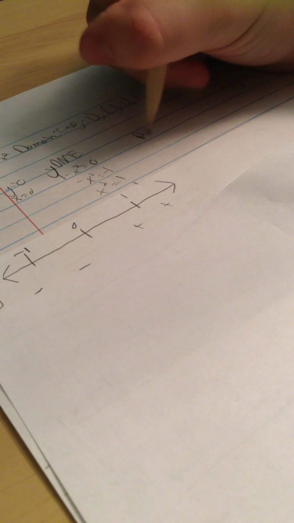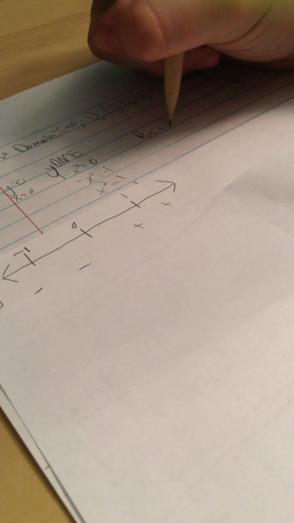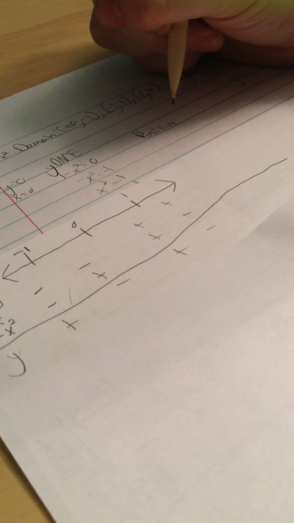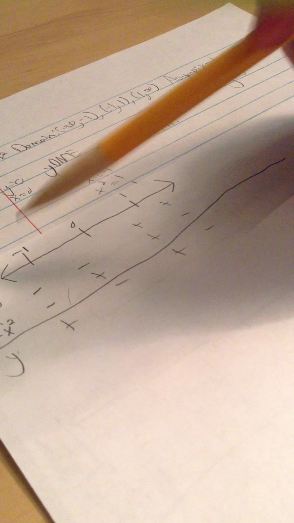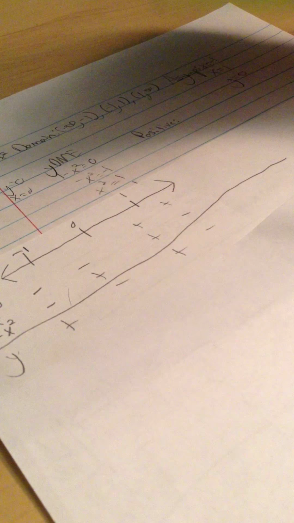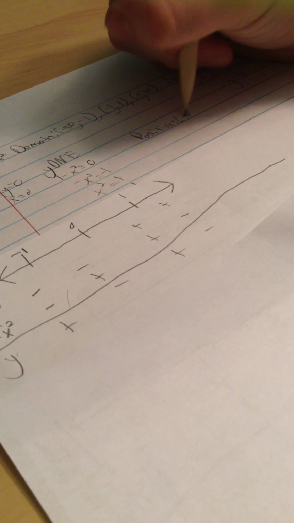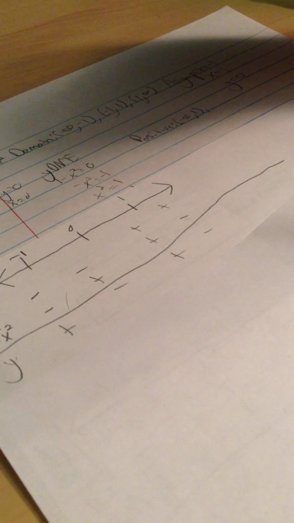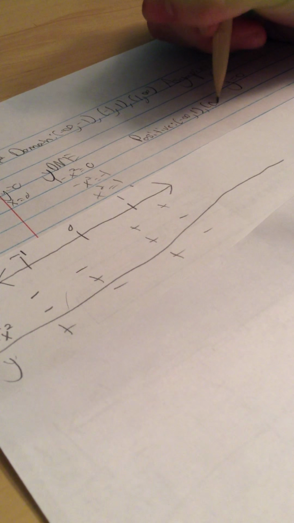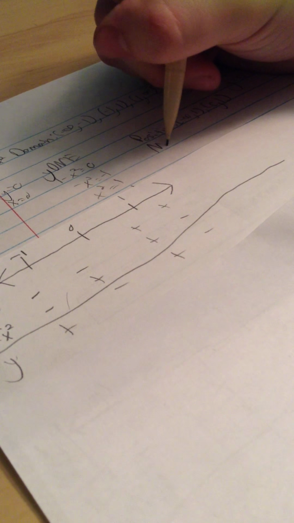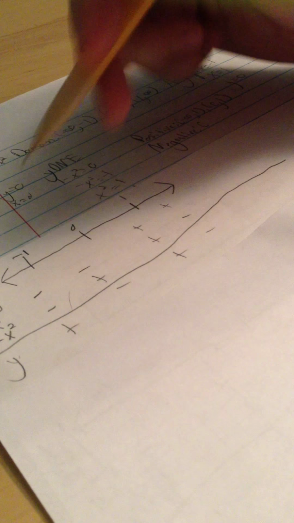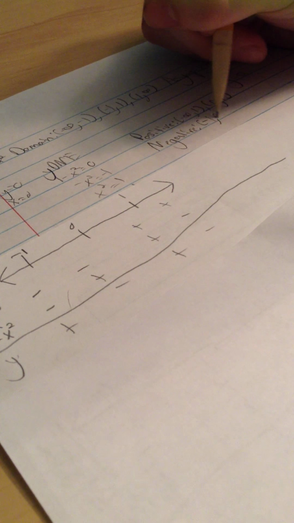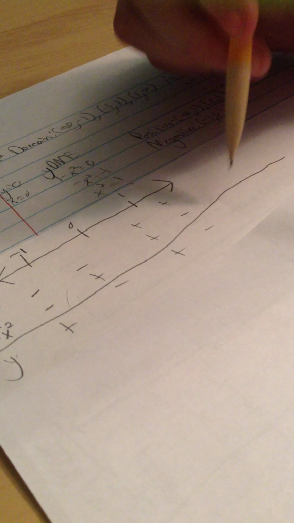So that means that it is positive between negative infinity and negative 1, and 0 and 1, and negative between negative 1 and 0, and 1 and infinity.